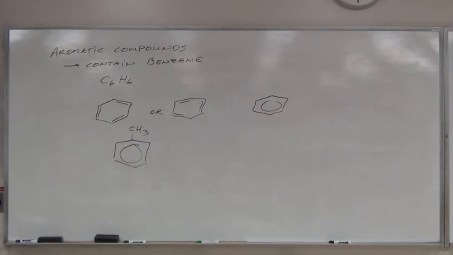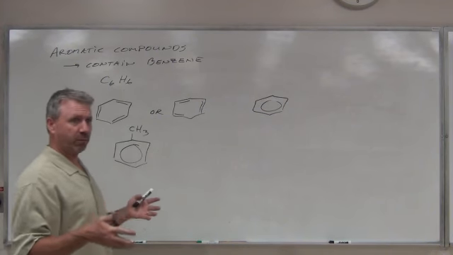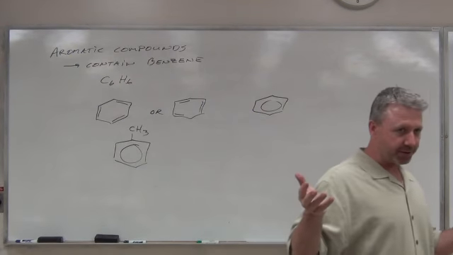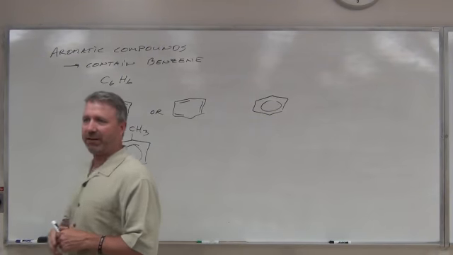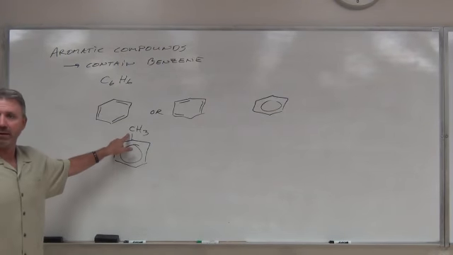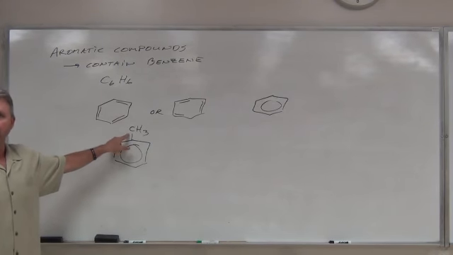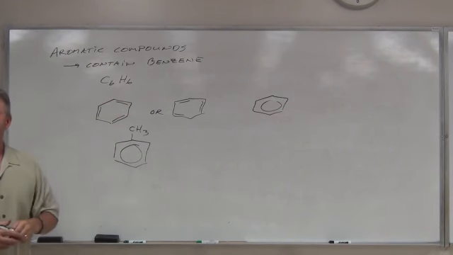There's a couple of different ways, and since it's a multiple choice exam, I don't know which ones are going to be on there. You can name it as a benzene derivative, and because there's only one substitution, you can just call it methylbenzene.